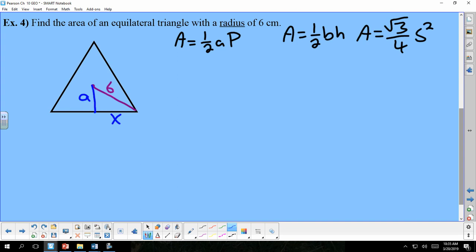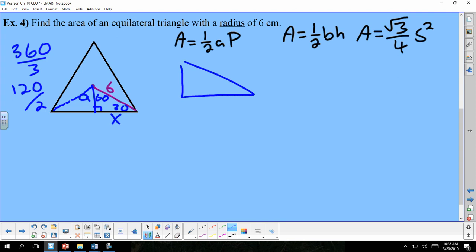So again, let's find our central angle. We take 360, divide by 3, and we get 120 degrees. And then divide that by 2. This is 60. Hey, wait, I have a special right triangle. That's a 30, 60, 90 triangle.